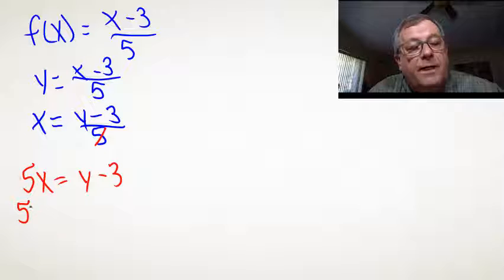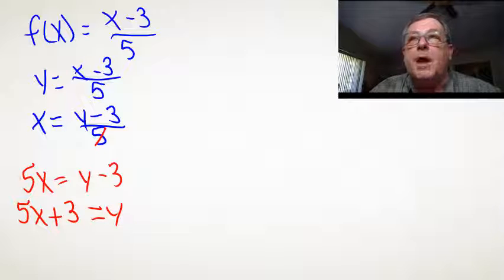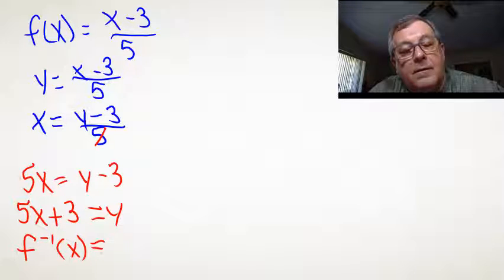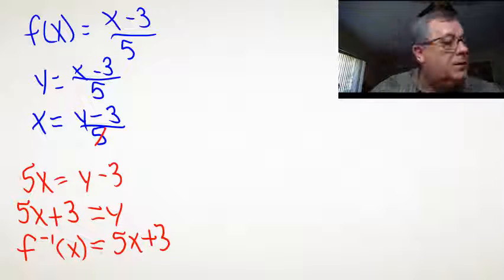It's going to give me 5x plus 3 equals y. And last step is to write it in inverse function notation, which is f negative 1 of x equals 5x plus 3. All right, Shazam. There we go.